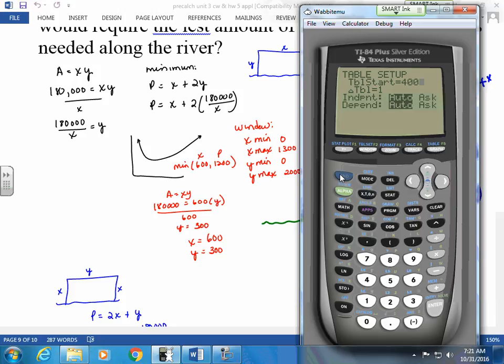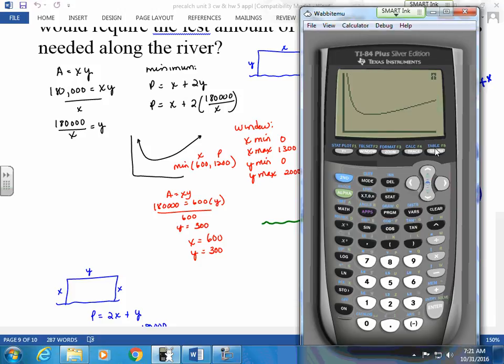That's what we're working on. Don't do a zoom fit, because it's not going to adjust your window. I want you to work the window. Am I still decreasing? Still decreasing. So maybe I want to go to 600.